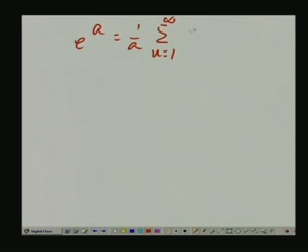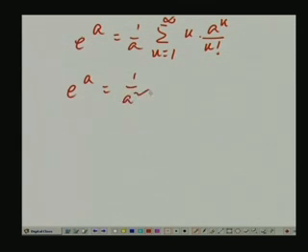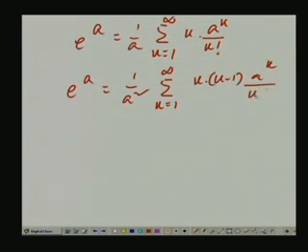So, we have obtained these two expressions, one is e to the power a is equal to 1 by a summation, okay, another is equal to 1 by a square summation k into k minus 1 a to the power k by factorial k.